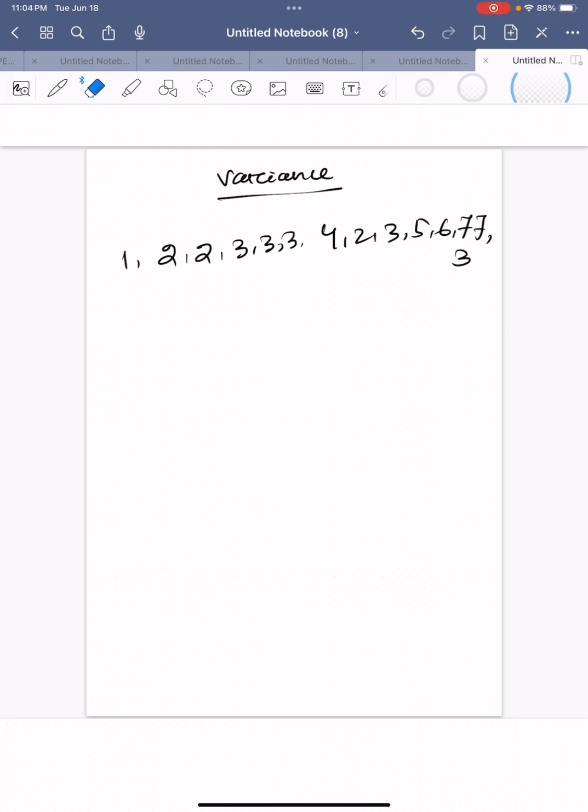So let's talk about variance. Variance is a statistical measure that quantifies the degree of spread or dispersion in the data set. Let's say we have a data set which is 2, 1, 2, 2, 3, 3, 3, 4, 2, 3, 5, 6, 7, 7, 3. Now if we visualize this data on a number line, let's say this is 1 2 3 4 5 6 7 8 9.